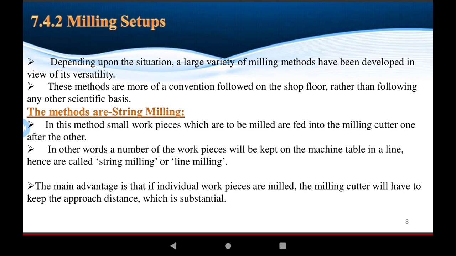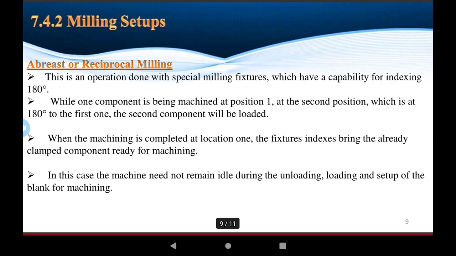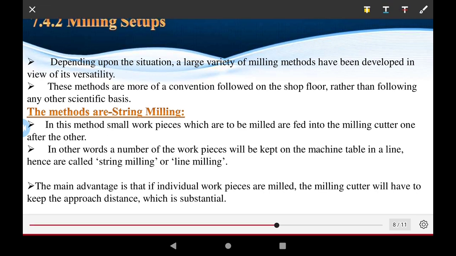Some machines perform the operations on a number of workpieces. Suppose in the line milling operation there is a long workpiece and longitudinal motion is provided to the tool, and the workpiece is the same. The workpieces on the machine table are set in one line.